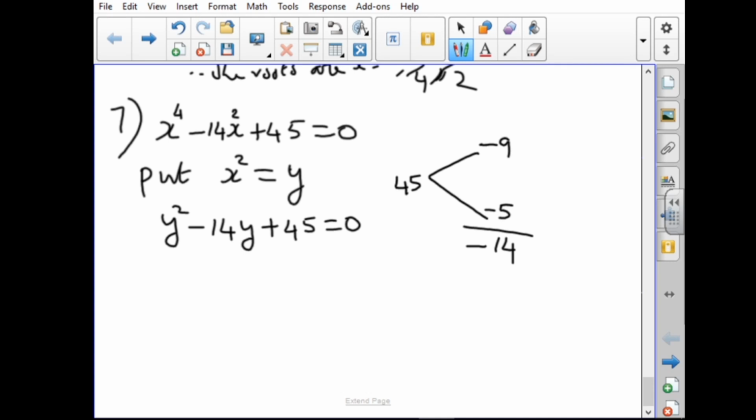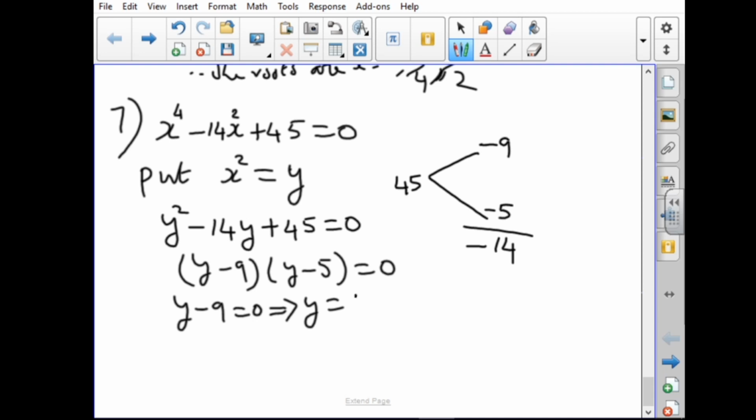And here the coefficient of y square is 1. It is a monic polynomial. So we need not divide it. So we write as it is. So (y minus 9) into (y minus 5) is equal to 0. So we get y minus 9 is equal to 0 gives you y is equal to 9.